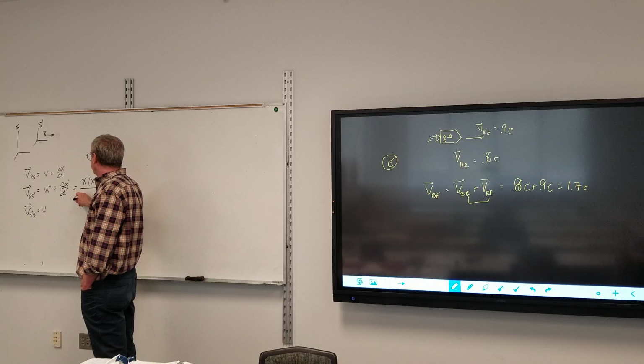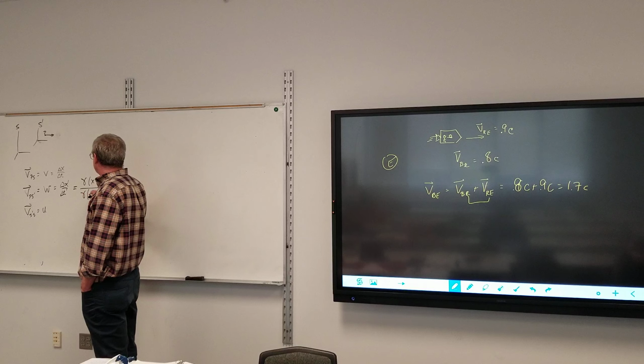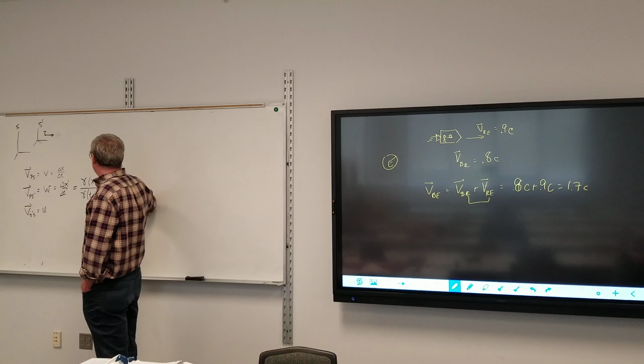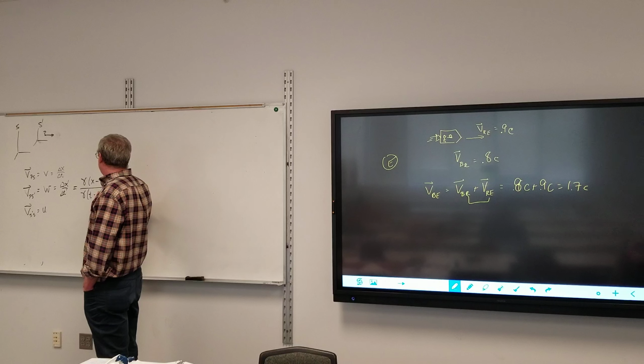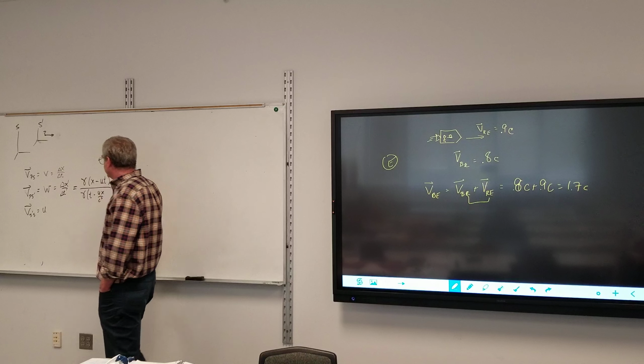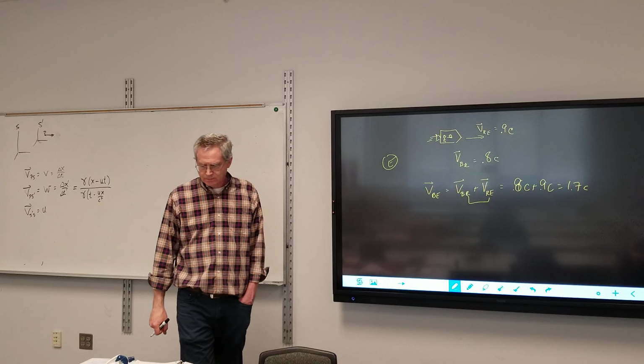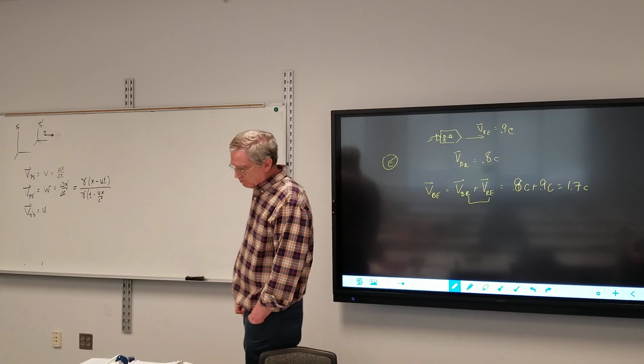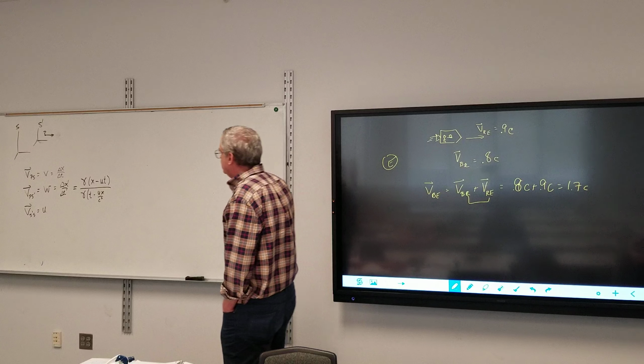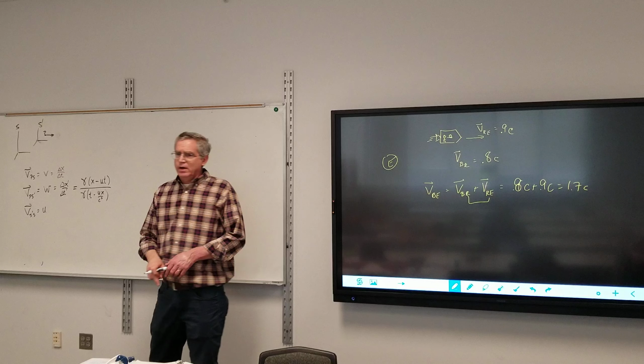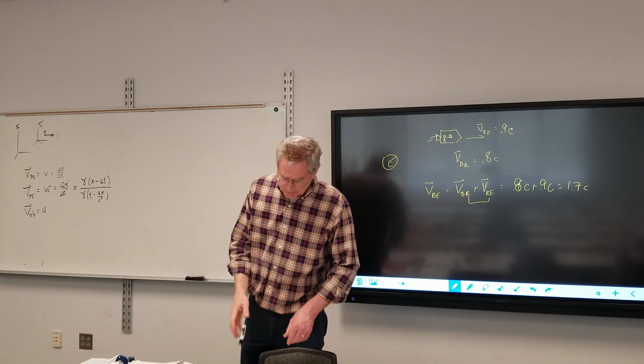Divided by, here, we get gamma times (t minus u x over c squared). Close parenthesis. All right, we see that gamma should cancel out.